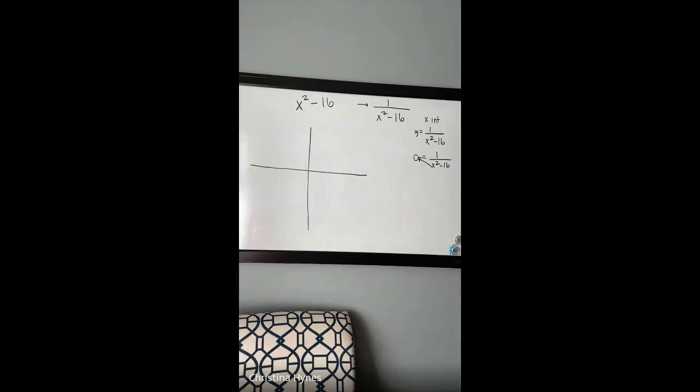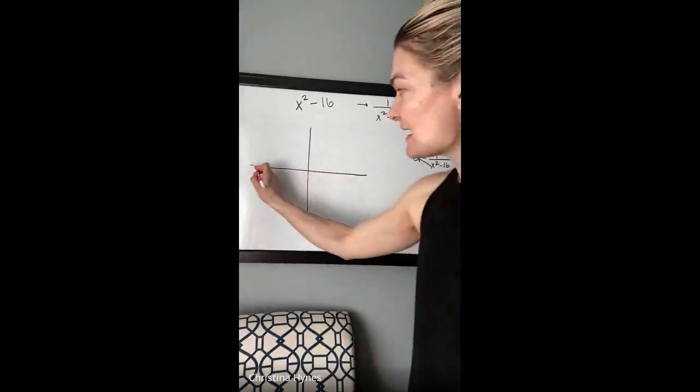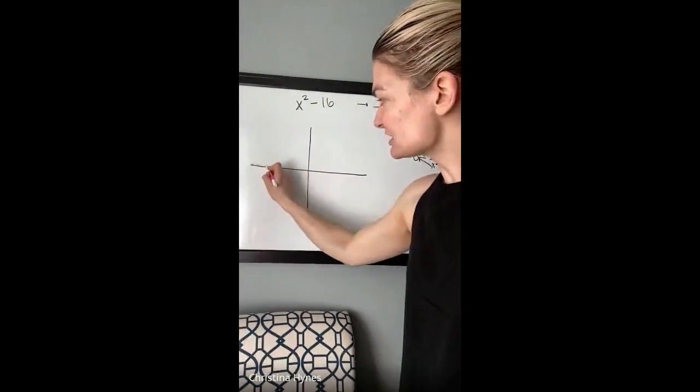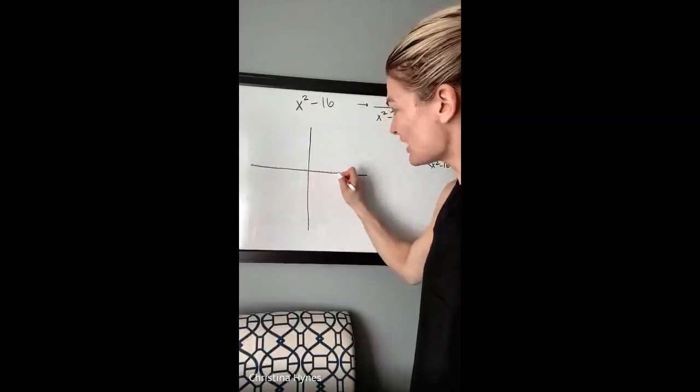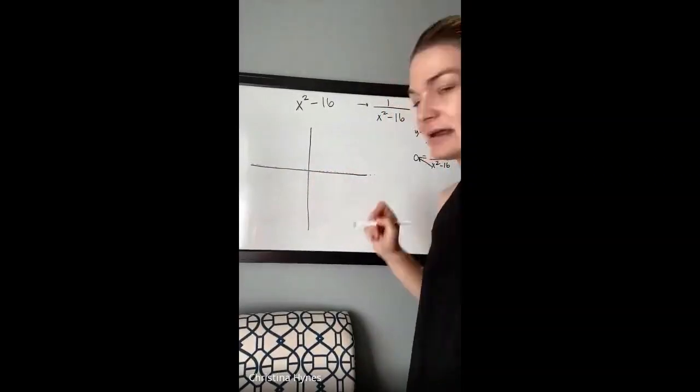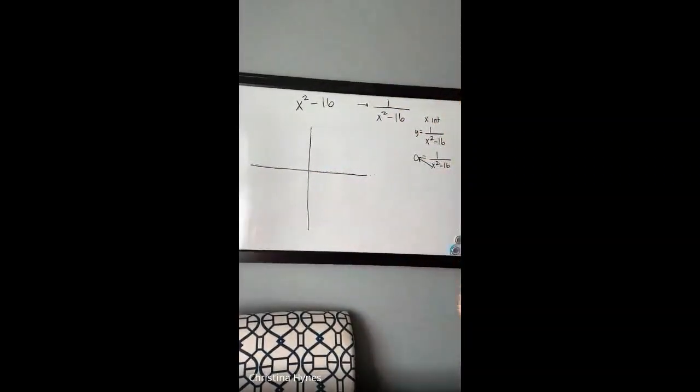The reason being, there is going to be something called a horizontal asymptote at your x-axis. There's going to be a dotted line right on the x-axis, which means your graph is going to get very close to this line, but it's not going to actually touch it. So there are no x-intercepts.